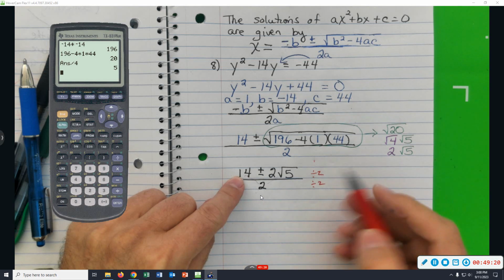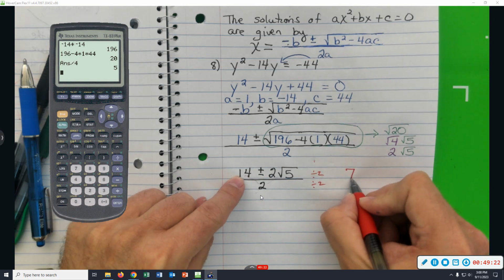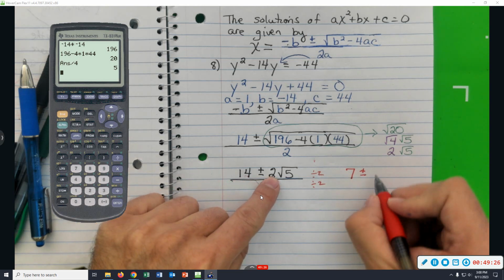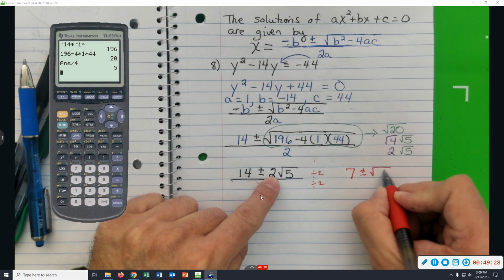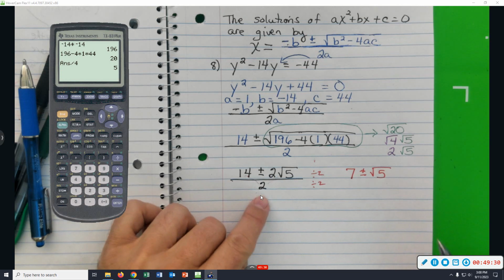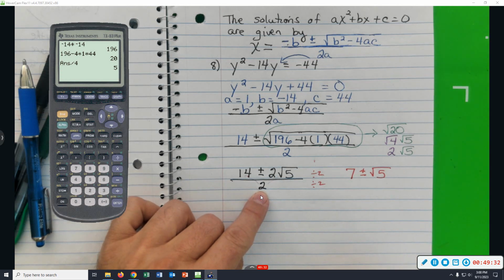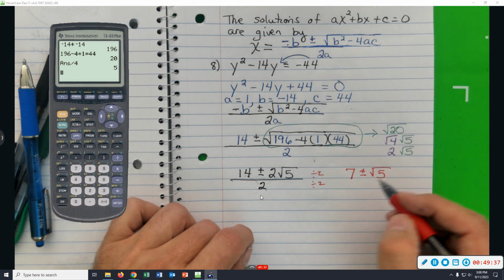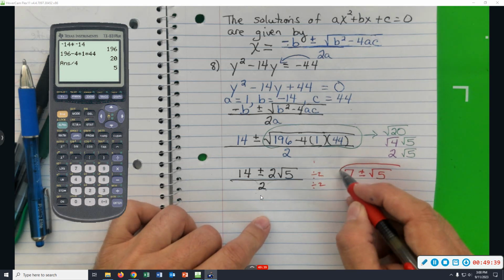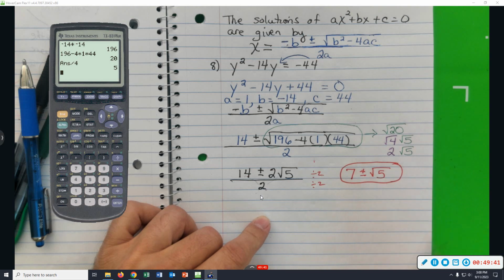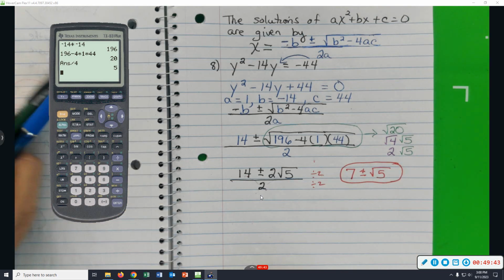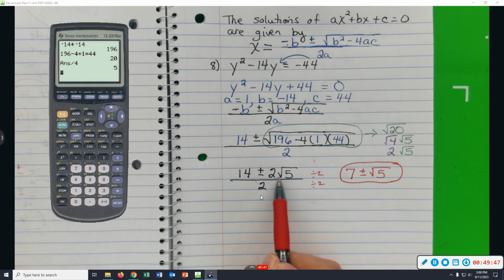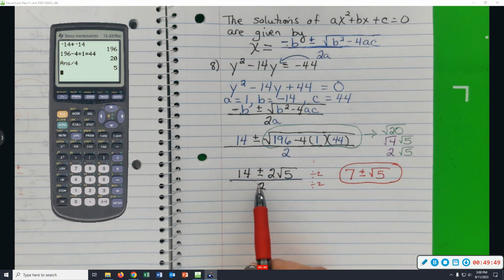The 14 divided by 2 would be 7. 2 over 2 would cancel out, leaving just square root of 5. What would we have on the bottom? 2 over 2 is just a 1, so we don't need to write anything there. This simplified to 7 plus or minus square root of 5, which is the same answer you would get if you separated. Okay?